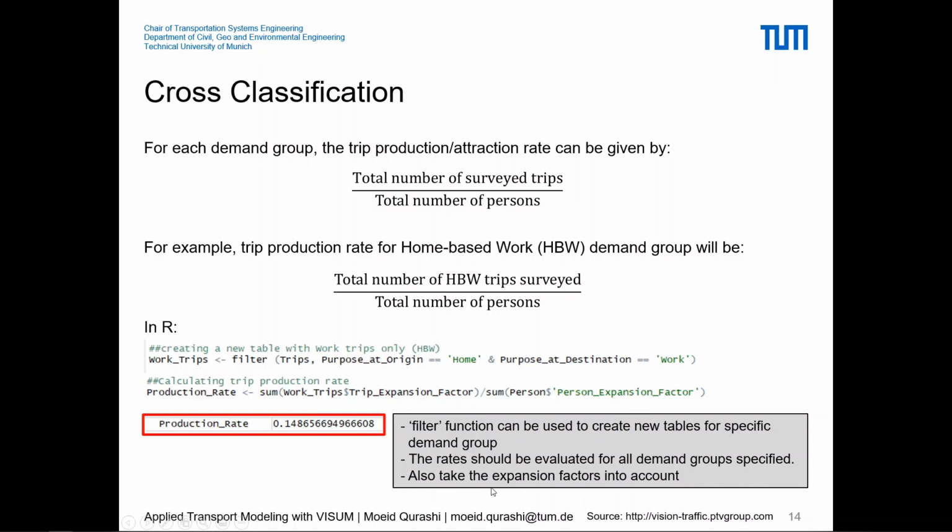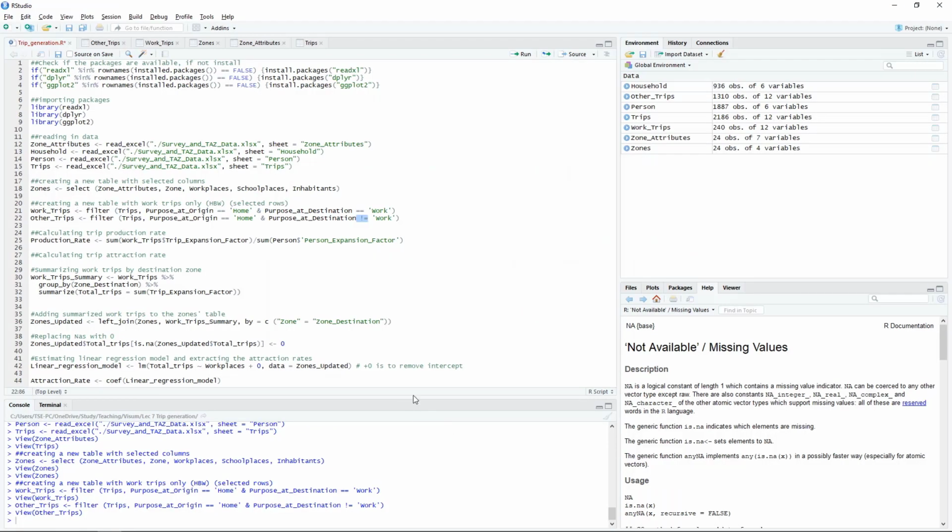So let's go back to R so I can give you more visualizations and we can discuss better. For cross classification it's rather simple: we want to find the mean number of trips for a given purpose for all the persons.